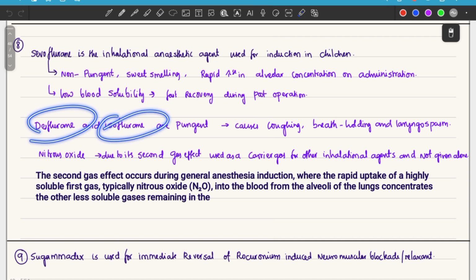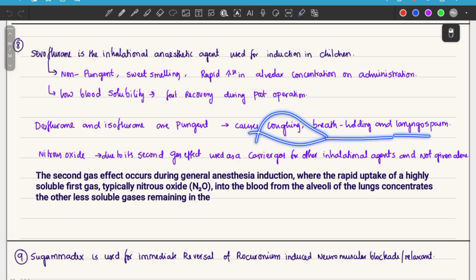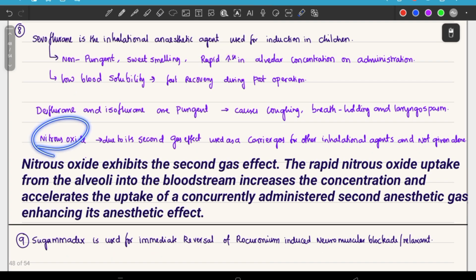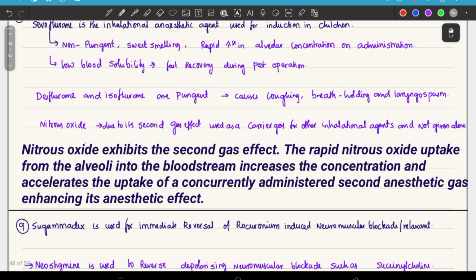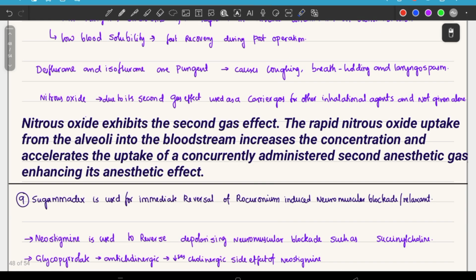Desflurane and isoflurane have a pungent smell, hence the patient will have irritation. It causes coughing, breath holding, and laryngospasm. Nitrous oxide, due to its second gas effect, is used as a carrier gas for other volatile inhalational agents, and not given alone.